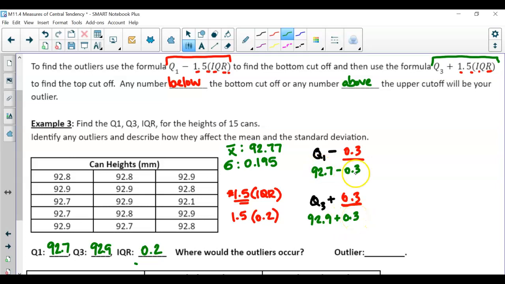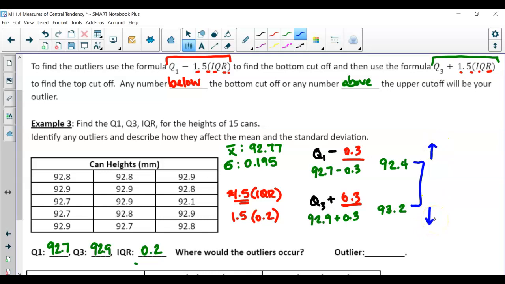So here, the cutoff value is 92.4. Then here, the cutoff is 93.2. So now we're looking for any value that is outside of this. Is there anything below or is there anything above?